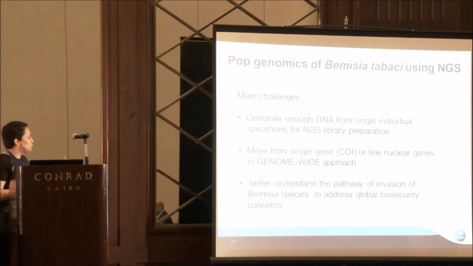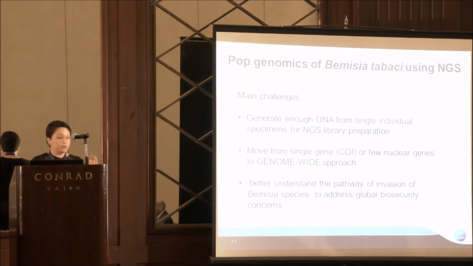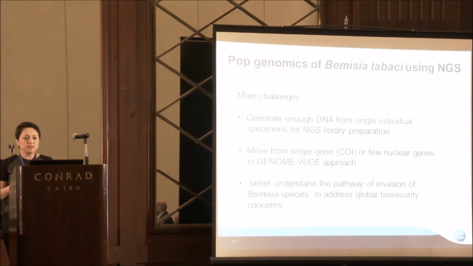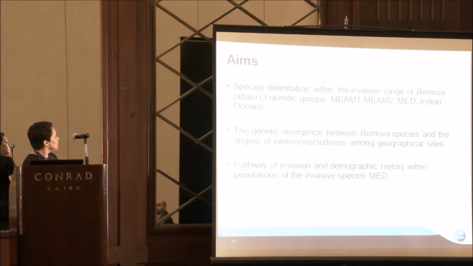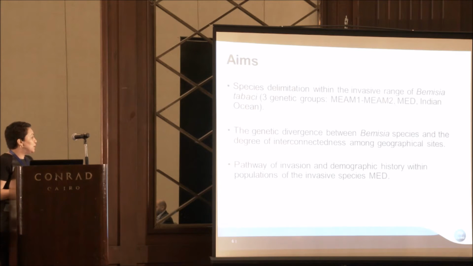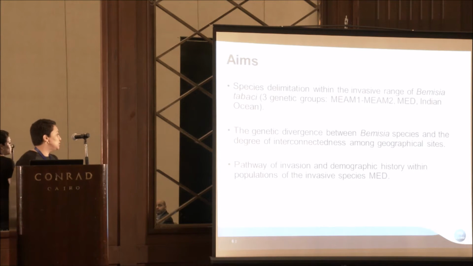So we decided to study the genome of the species and try to use these techniques to identify the complex and say how many species are in the complex, and therefore improve the biosecurity measures at the quarantine point of entry. And this obviously will help us study the demographic history of the invasive species and try to trace the pathway of invasion all over the world.